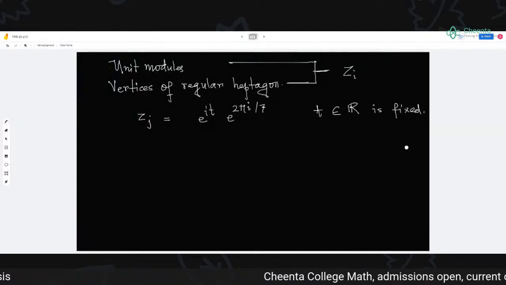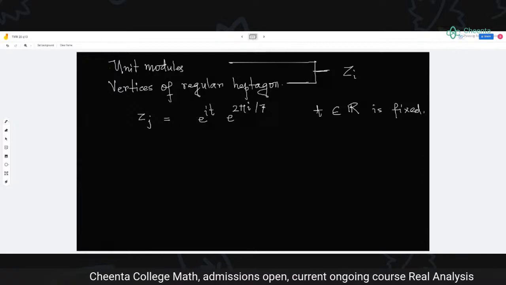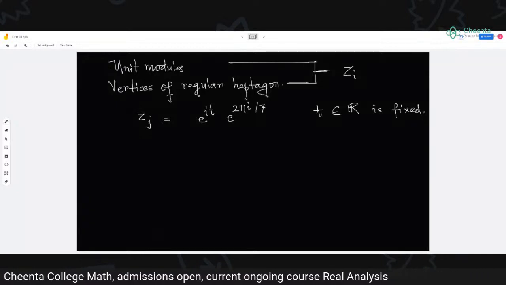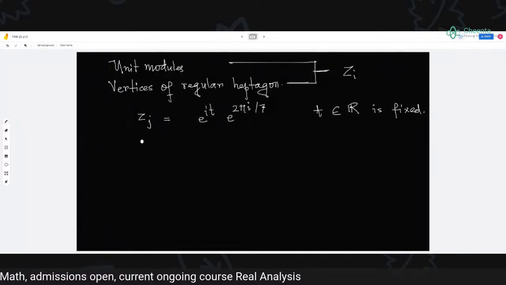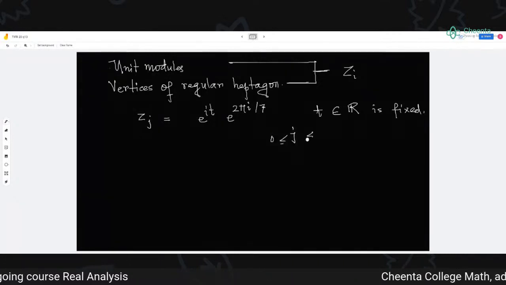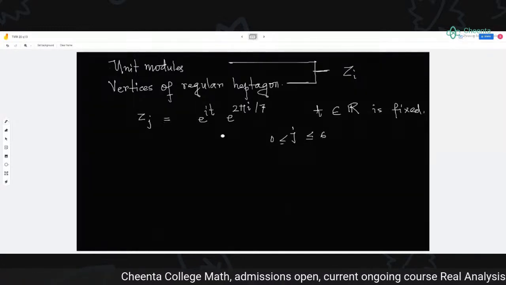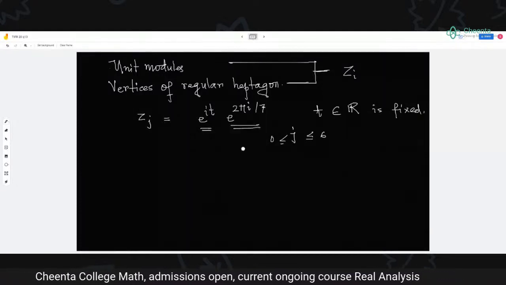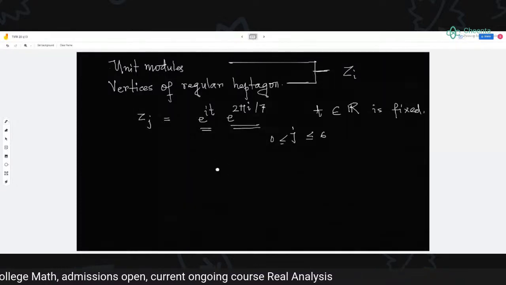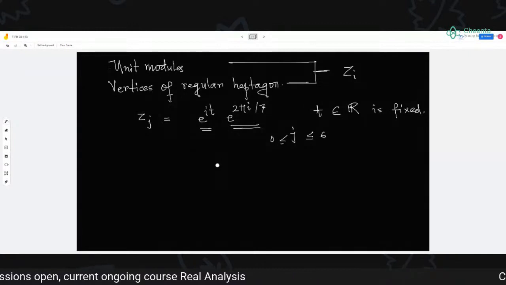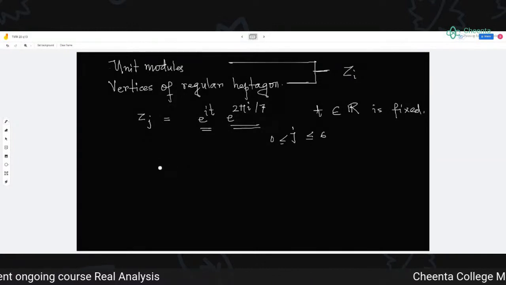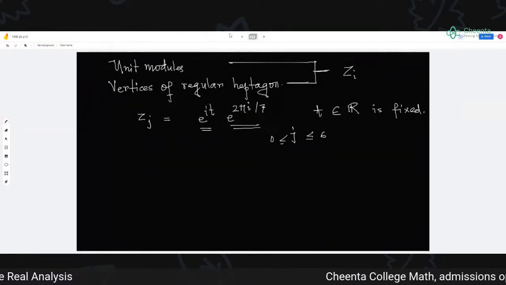So the first thing to notice here is that since these are unit modulus and vertices of a regular heptagon, all of these zj, if you take j from 0 to 6, have to be of this form. So this is the rotational part, and this is the roots of unity part. Okay.